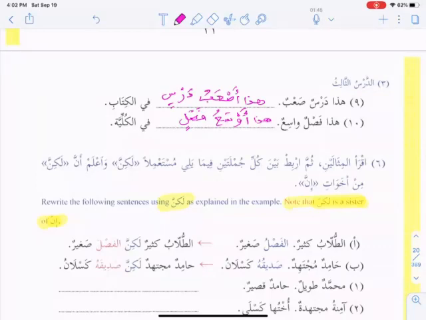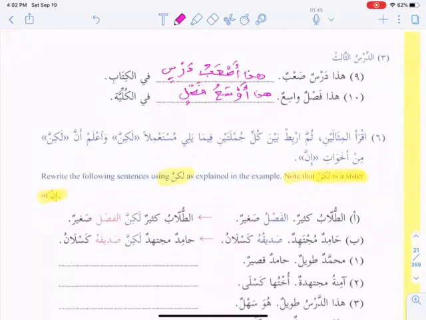It will make the ism mansub and khabar marfu. Remember, always remember. The more I think, we did so much about mubtada and khabar in book 1, and all kinds of khabar. Now, your hard work will pay dividends.